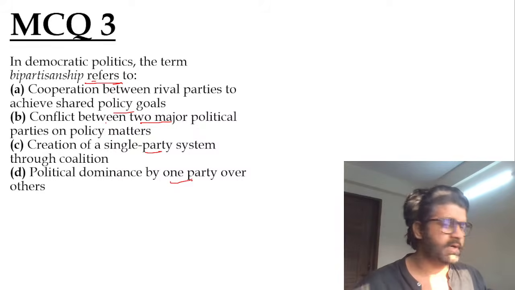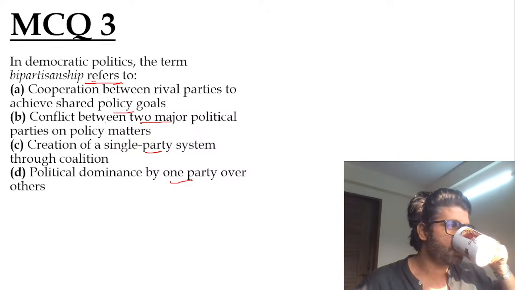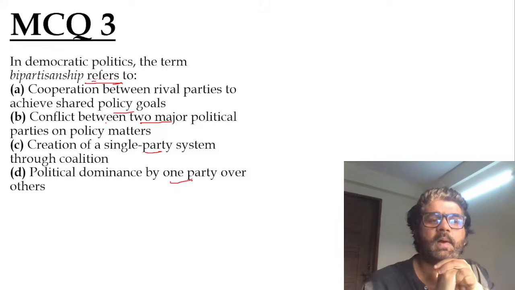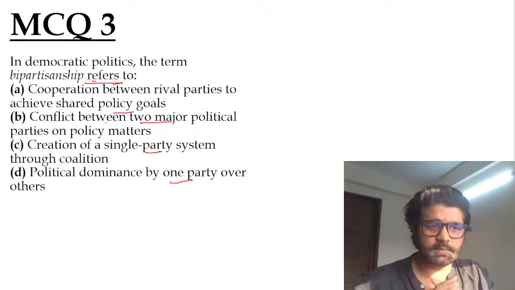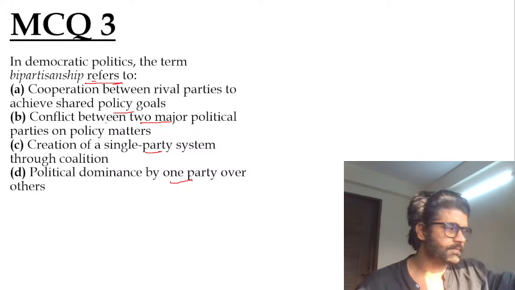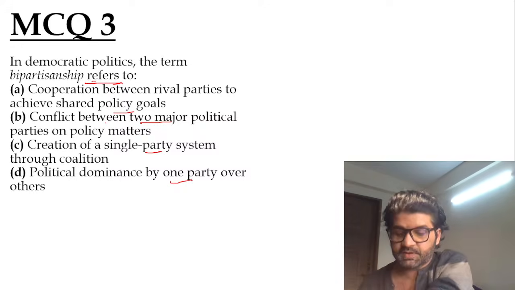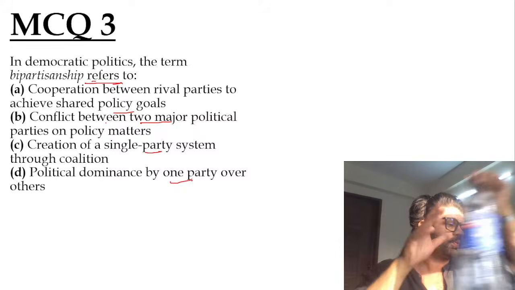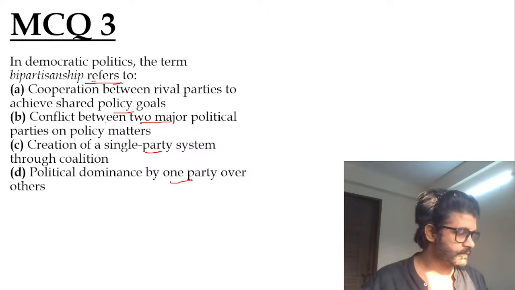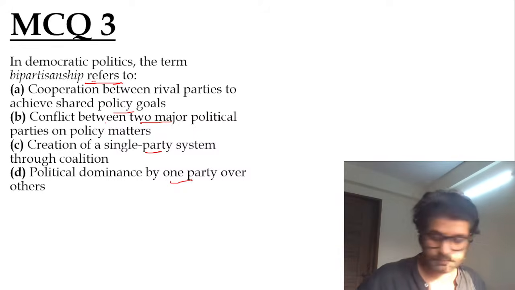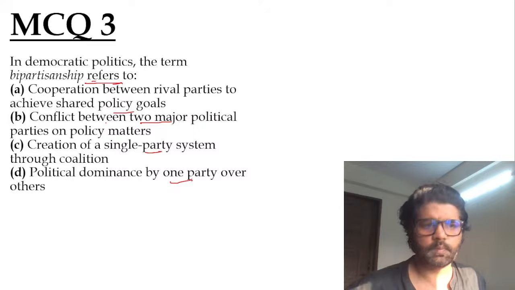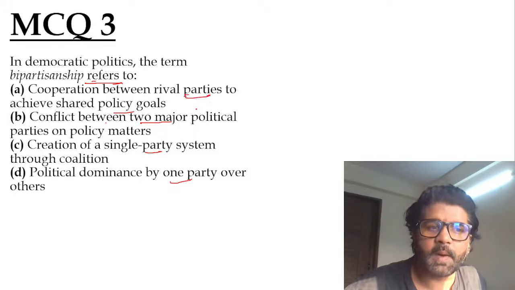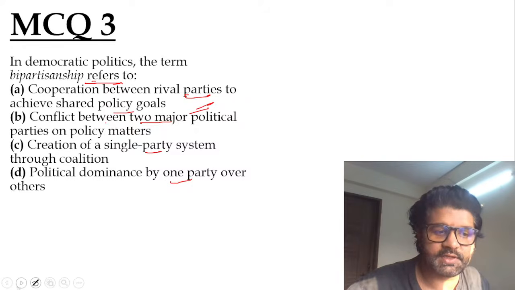What is the answer, guys? We have just discussed bipartisanship. Iltush has given the answer. This is the answer, cooperation between rival parties to achieve shared policy goals, as stated by Iltush.